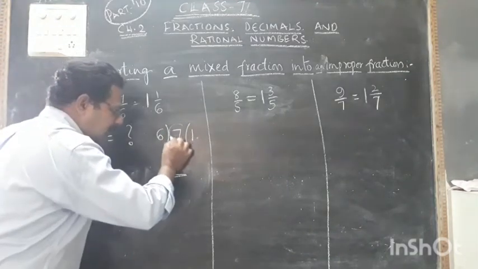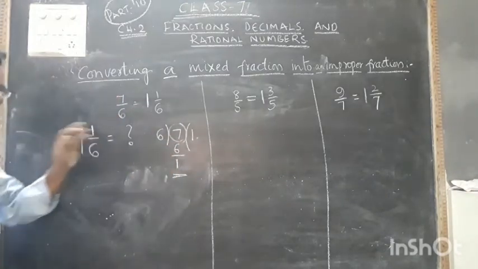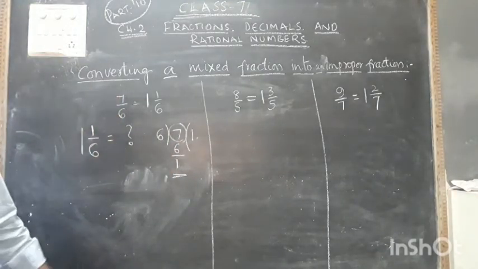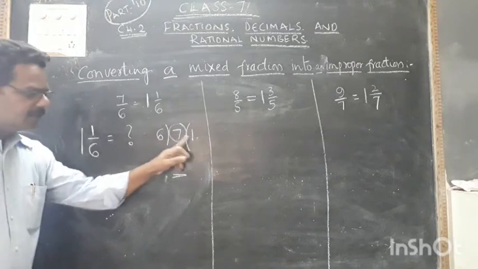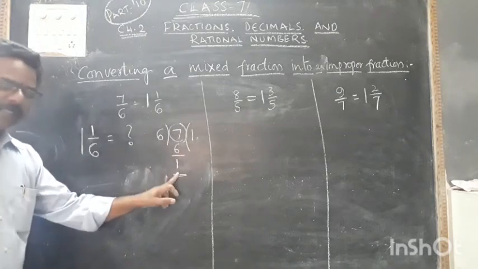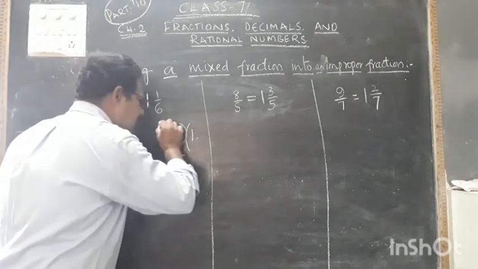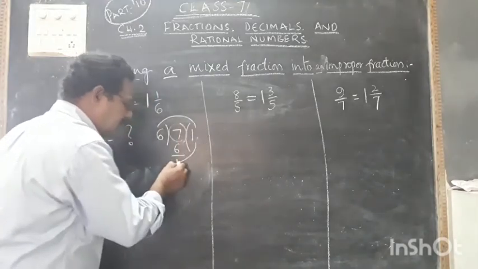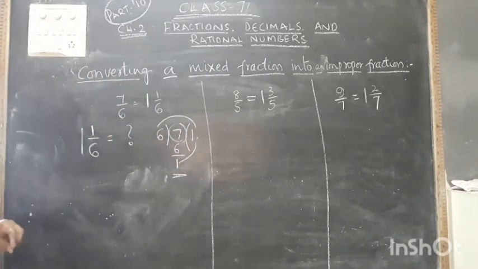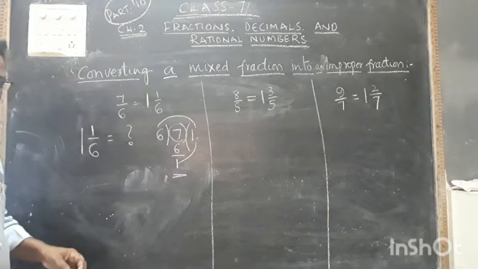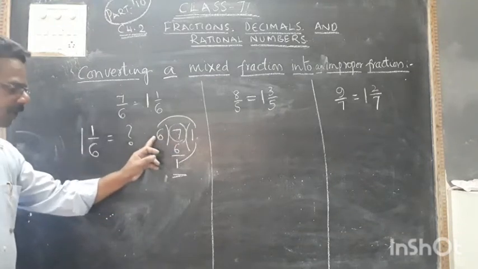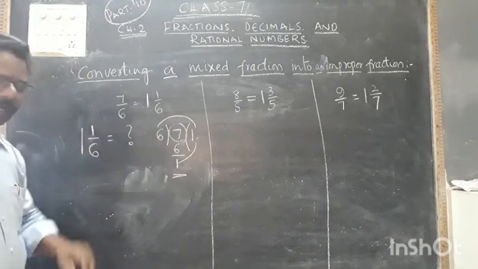Means to get this 7, what did I call this 7? Dividend. This is divisor, this is quotient, this is remainder. So divisor into quotient plus remainder is equal to dividend. Instead of 7, we have written 6 into 1 plus 1.